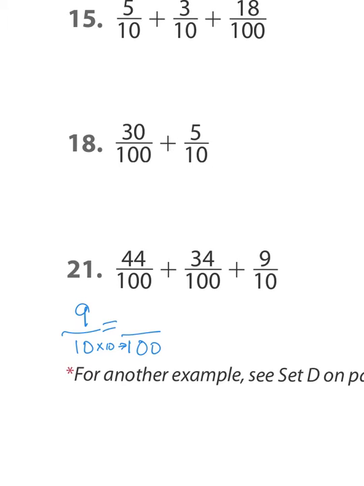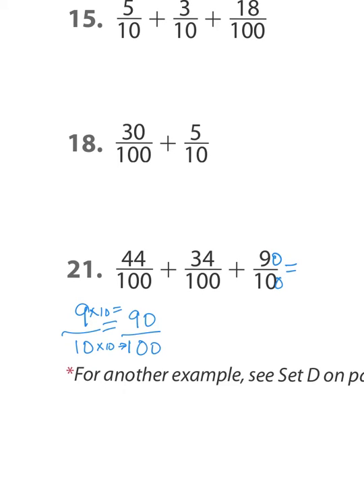I need to multiply my 9 by 10, which gives me 90. So my new equivalent fraction is 90 100ths. So I'm going to go up to the problem and add on my zeros and make this fraction 90 100ths.